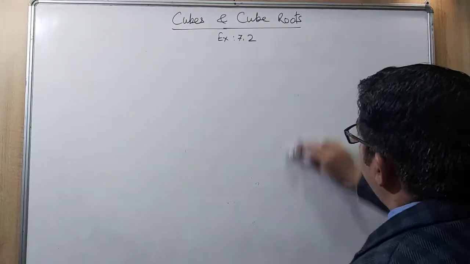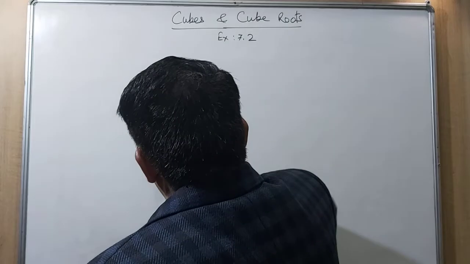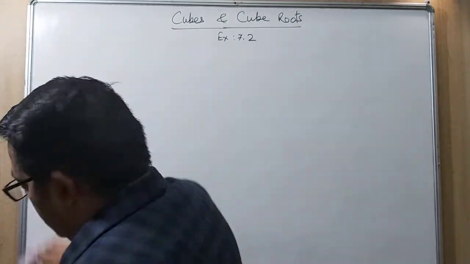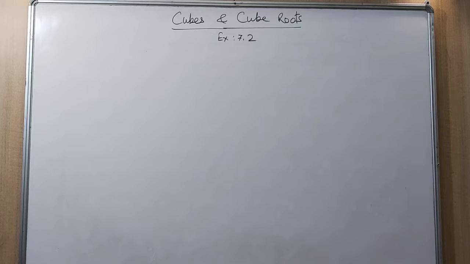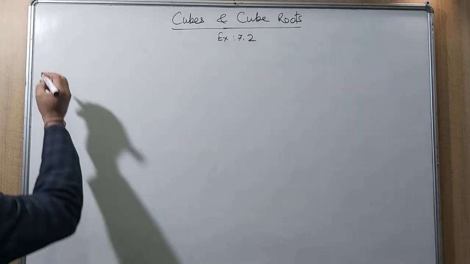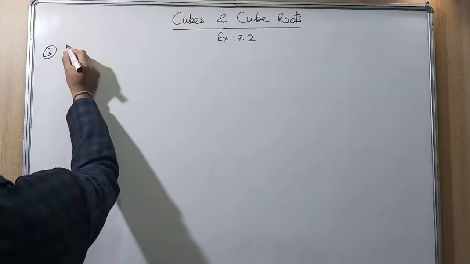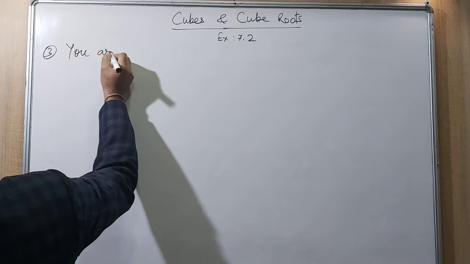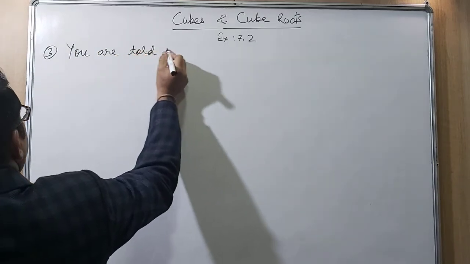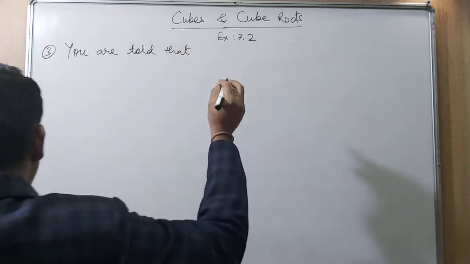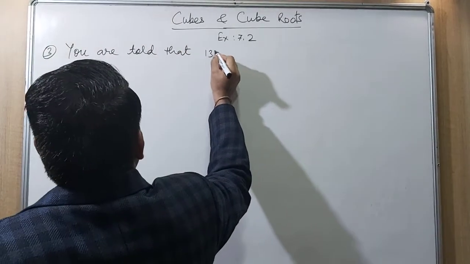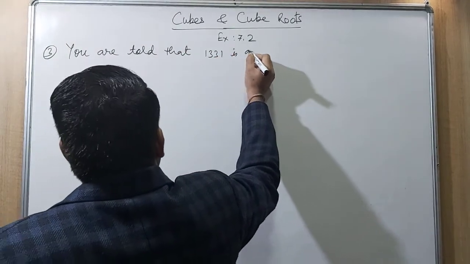Let me rub the board first. Okay, now question number 3. This question is also a very interesting question. Question is, I'm writing the question here first: you are told that 1331 is a perfect cube.